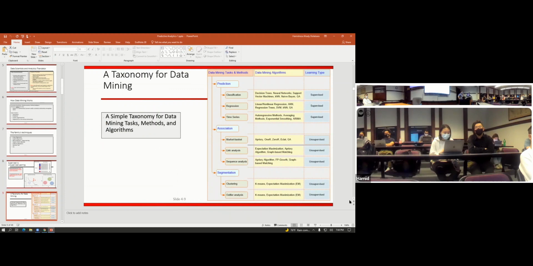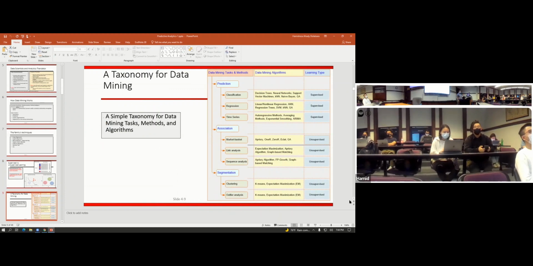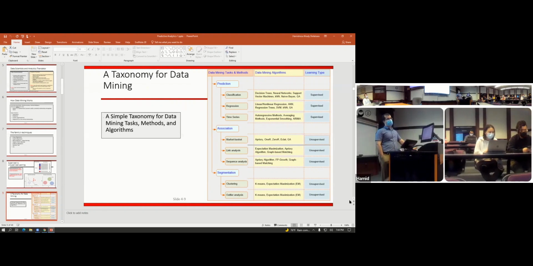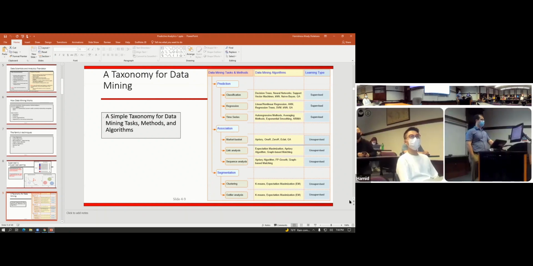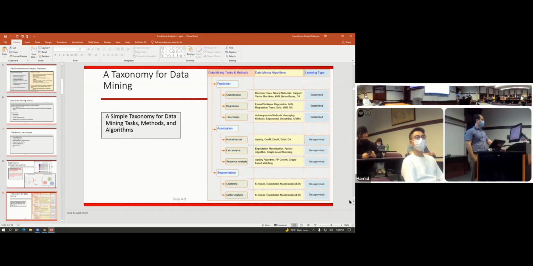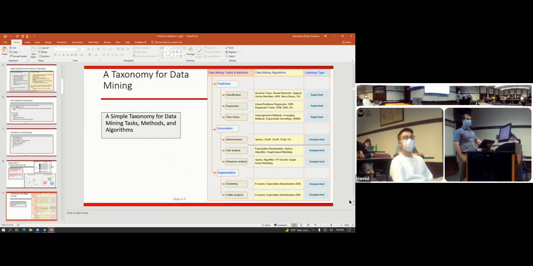And here I put this taxonomy of data mining algorithms, or again artificial intelligence or machine learning. So prediction, association, segmentation. By the way, you don't have to memorize it. I just want to show you those classification things. For prediction in this class, we cover at least classification and regression. For association, we cover at least market basket analysis.